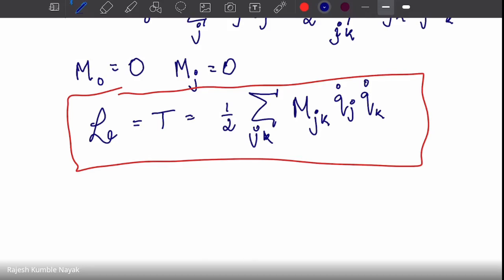So if you have one particle, you have 3 degrees of freedom. If you have 2 particles, you have 6 degrees of freedom, and so on. For an n-body problem, you have 3n degrees of freedom. That means your j would be going up to 3n.